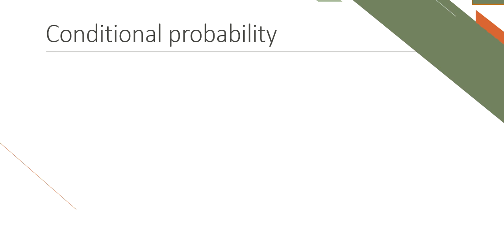So how would you define conditional probability in terms of a formula? Let us see that. Here I have taken two events. Let A and B be two events. Then how would I define the conditional probability?